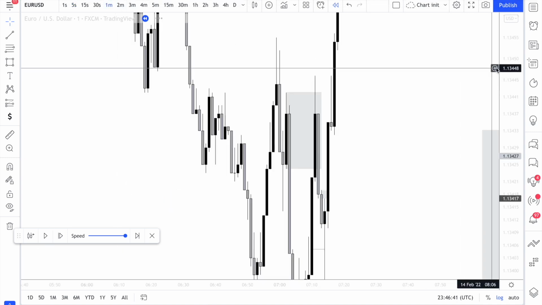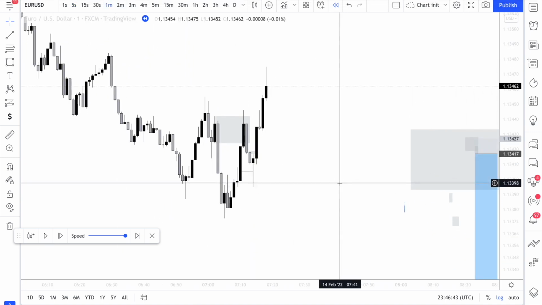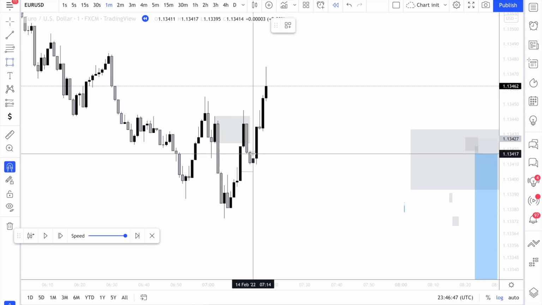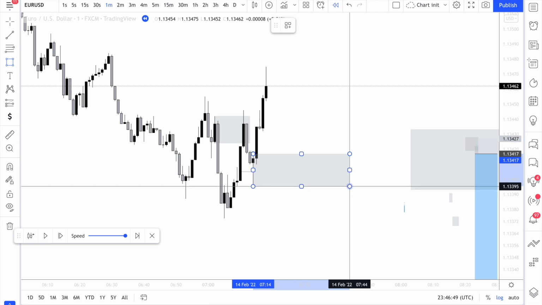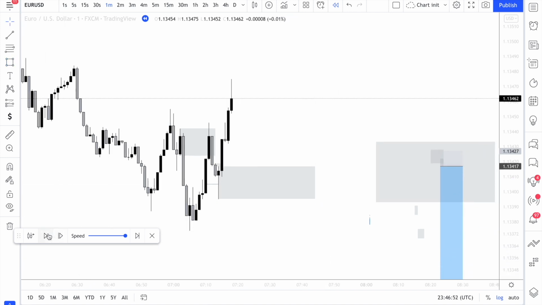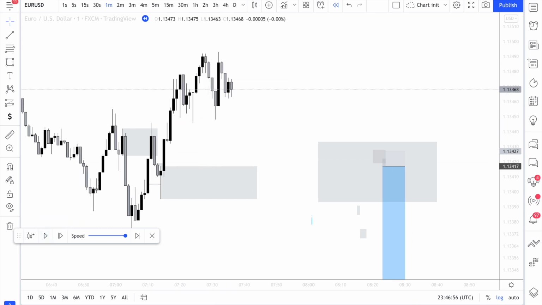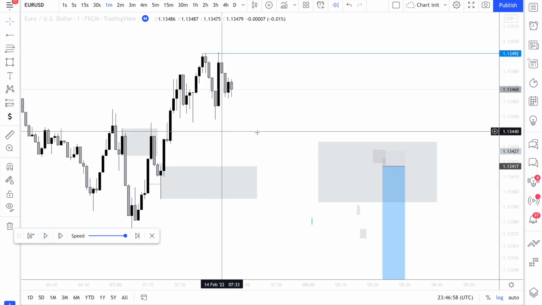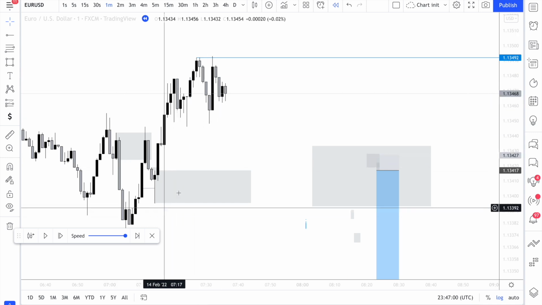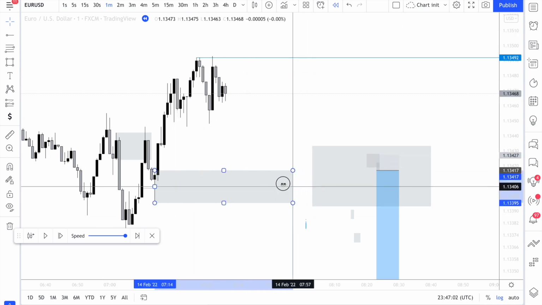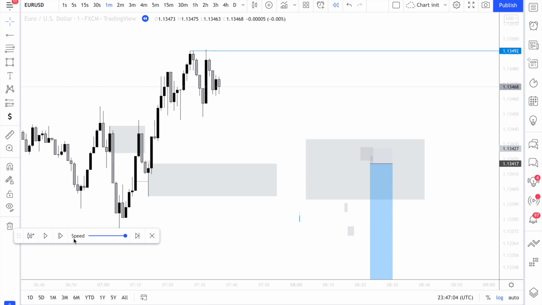Now, as price continued going bullish, what we had was this bullish break, and what this gave me was another POI to look for a long position here. So as this high was forming, the high was created here, right? I knew that I have a long position from anywhere within here if price gets in there.